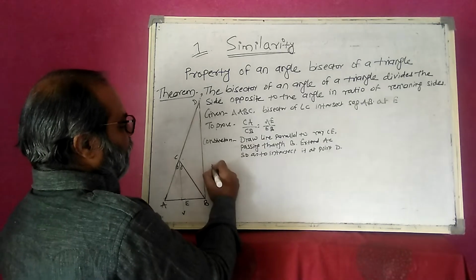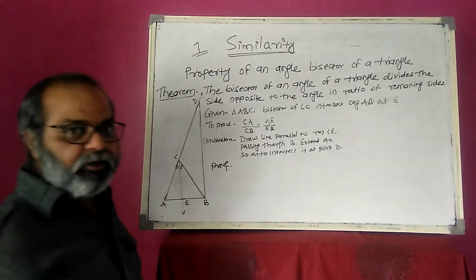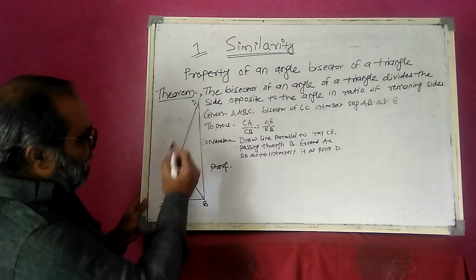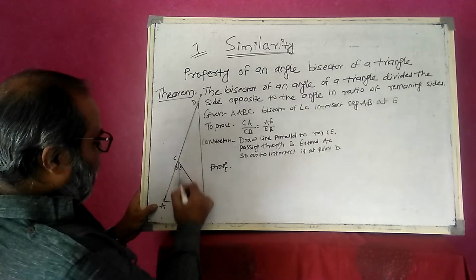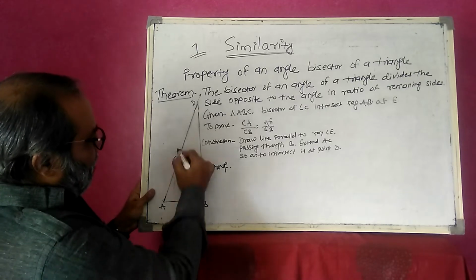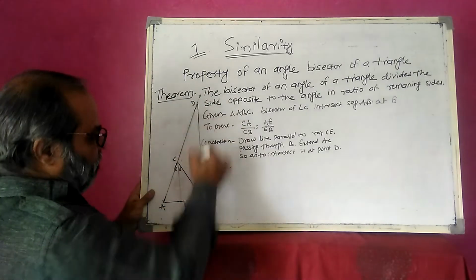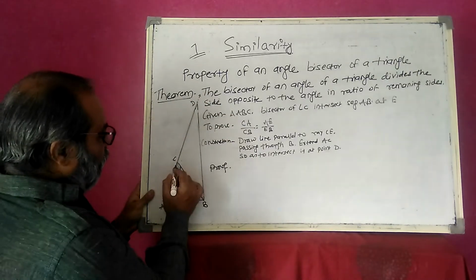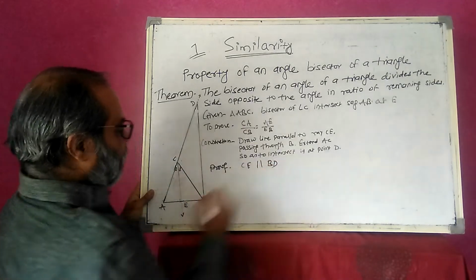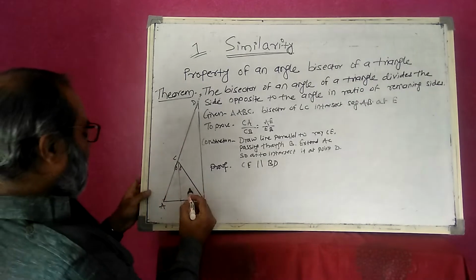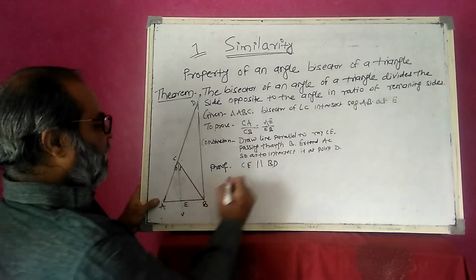So what is the proof here? Now look here. CE is parallel to line BD. Now just look at the angles.